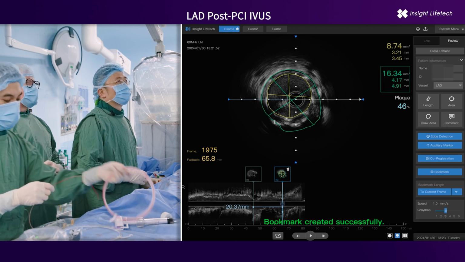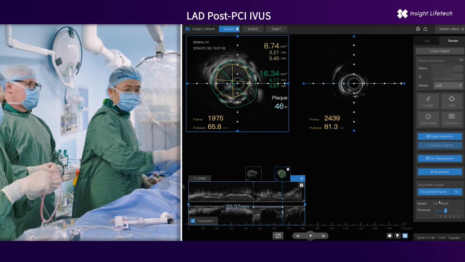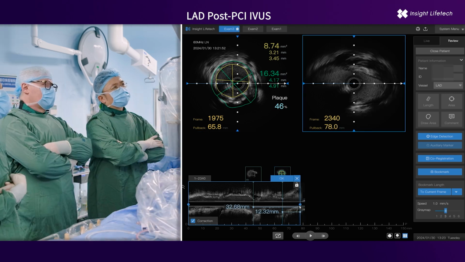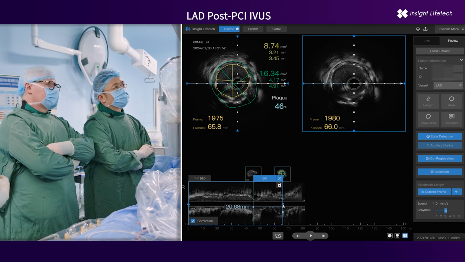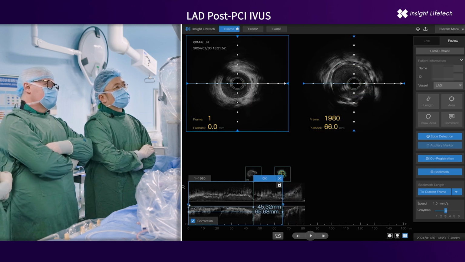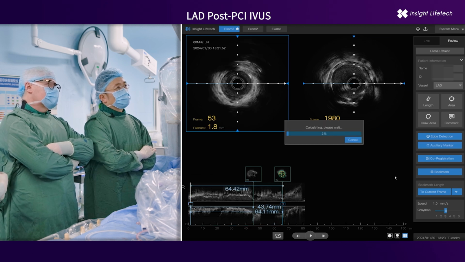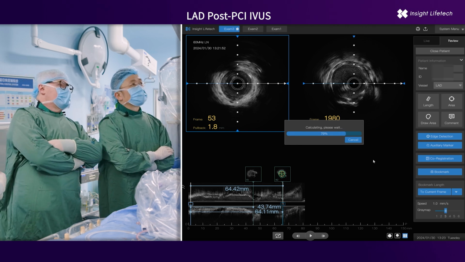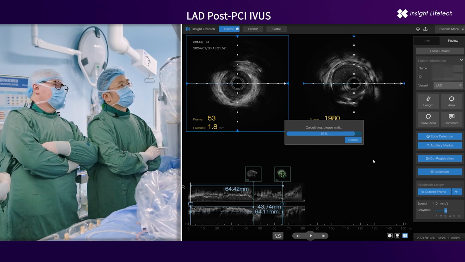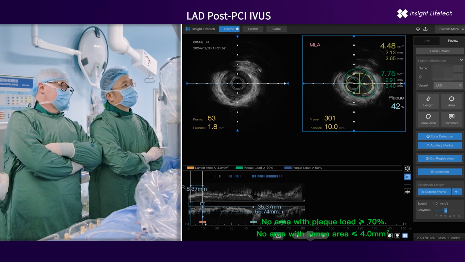So you should mark the distal edge of the stent and then the proximal edge of the stent, and let's try to calculate the lumen area inside, what is the minimum lumen area with automatic assessment, which is now performed, and we will check for minimum in-stent lumen area, which is 4.48.